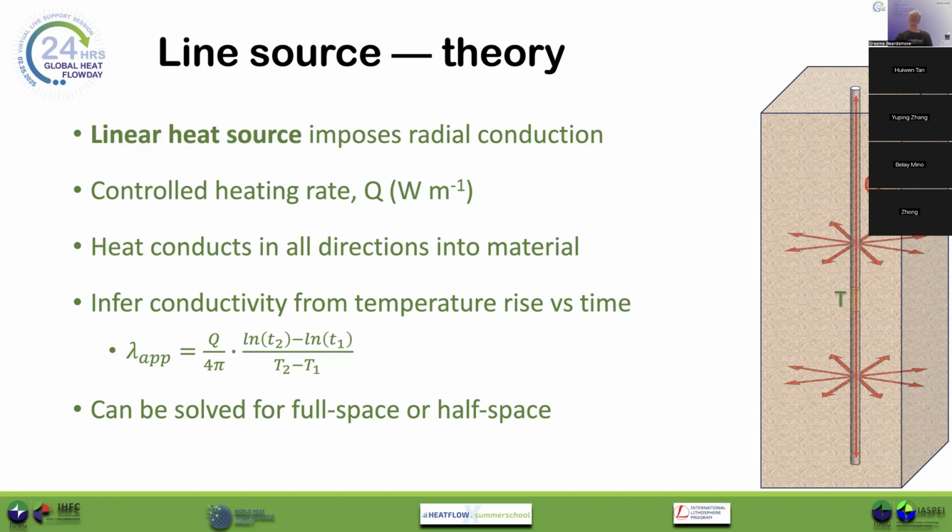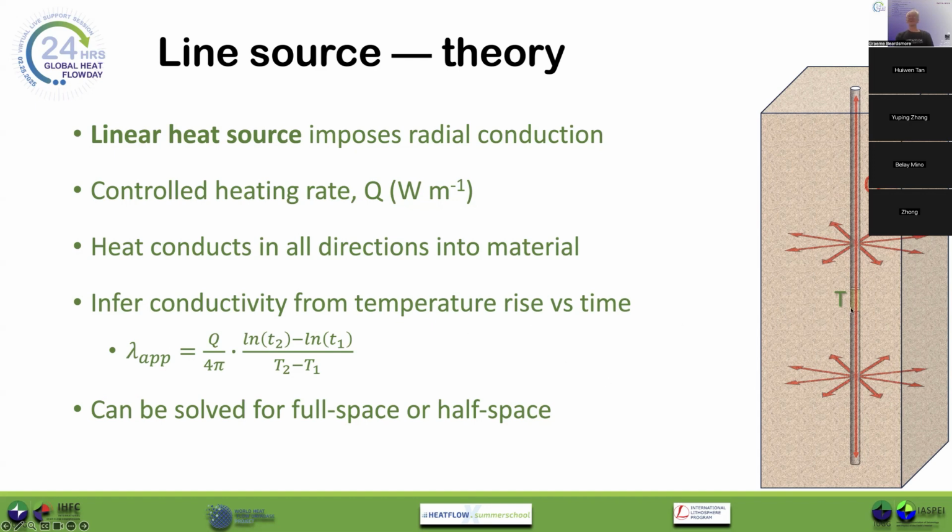And just generally speaking, if a rock sample is more conductive, then the heat will dissipate faster. Temperature of the needle will increase slower. So if the needle warms up slowly, that means our sample is high conductivity. If the needle warms up quickly, that means the sample is low conductivity.